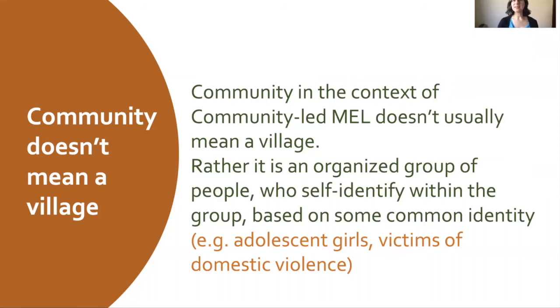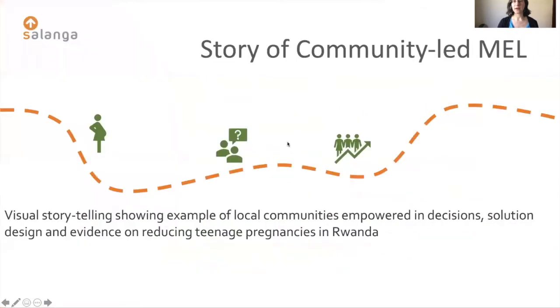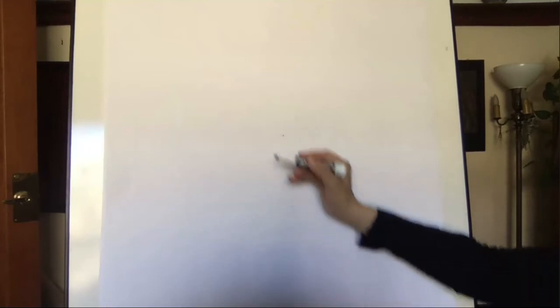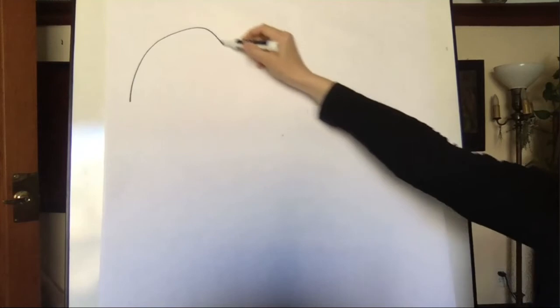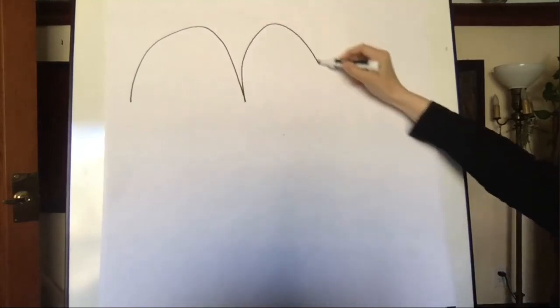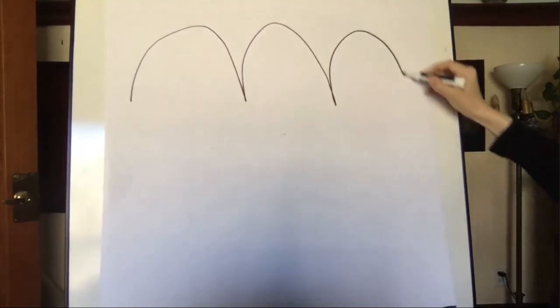So I'd like to illustrate what this could look like by telling a story of community-led MEL, and it's based on a real story. So imagine that there's a country of 1,000 hills. Let's call it Rwanda, and you may know this country.